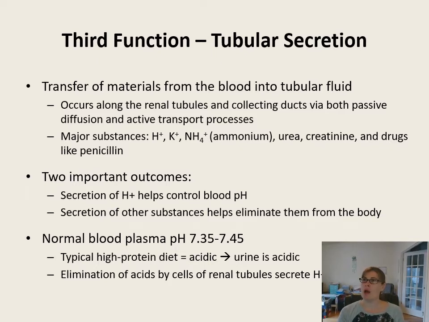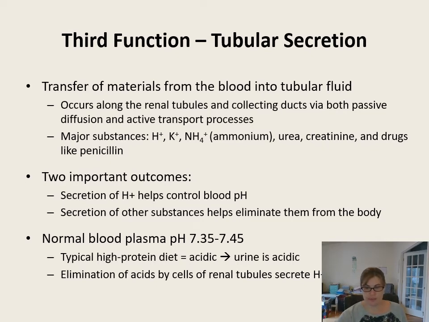Typically, with a vegetarian type diet, the urine tends to be a little more basic. Again, this is because we can control that hydrogen ion concentration based on what we need for our pH regulation at that moment. So that last part says elimination of acids by cells of renal tubules secrete hydrogen into the tubular fluid.